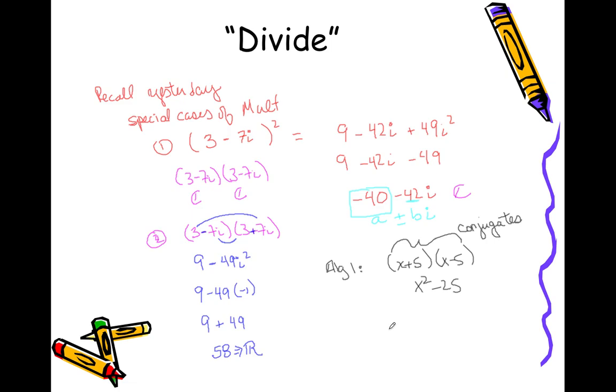In general then, if I had a plus b times a minus b, what does that turn into? These are conjugates, right? And when you multiply these conjugates together, what do you get? Right? Let's now go back to our complex conjugates. You see what I did there? Let's go back to complex conjugates.